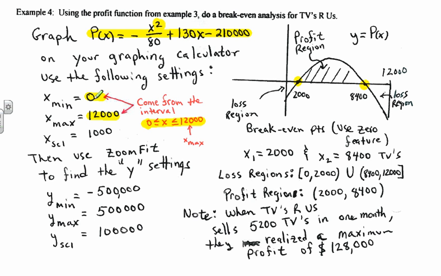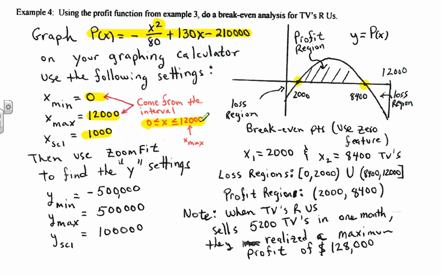Now I know that my calculator screen is going to go from x equals 0 all the way out to x equals 12,000. But I have to set the scale so that there's not all these 1,000 points showing up on my calculator screen. So I set the X scale to 1,000.